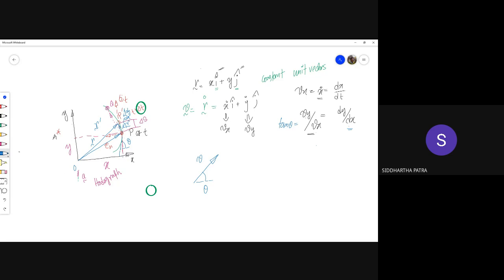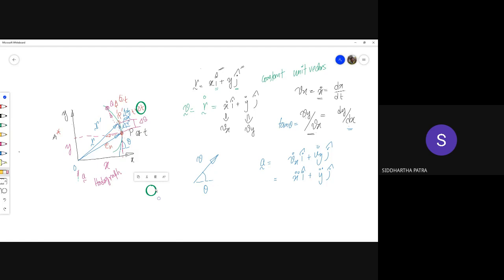So the next part is, of course, the acceleration, and the acceleration is also simple. It is simply Vx dot i plus Vy dot j, which is x double dot i plus y double dot j. Now, the particle itself may be going through an actual curvilinear motion.